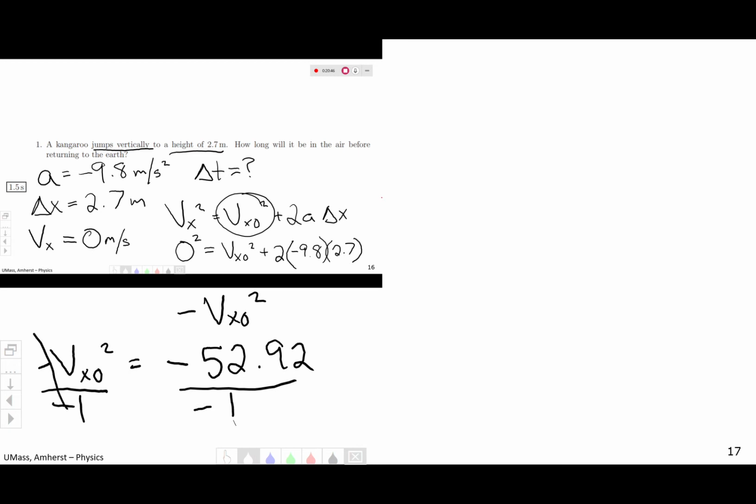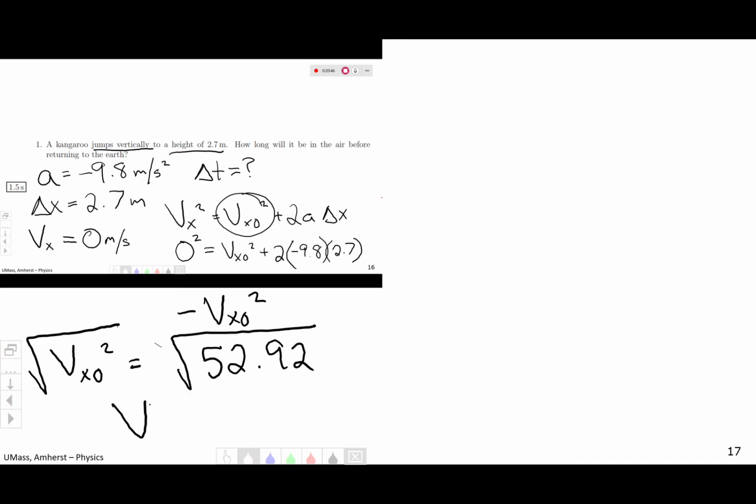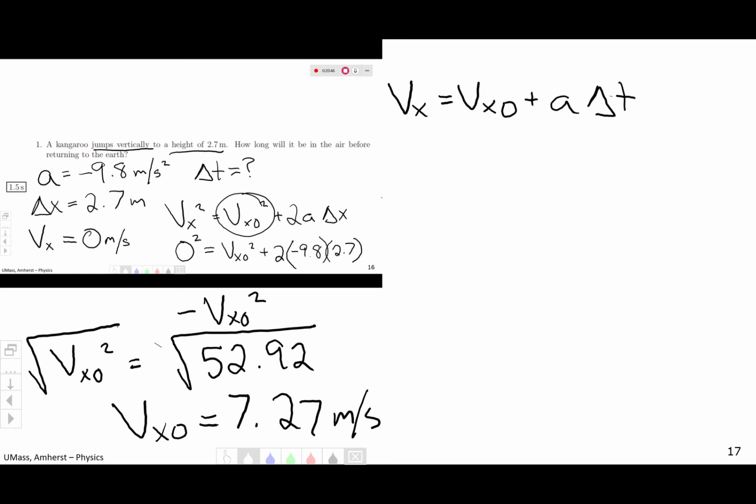And then if we divide by negative 1, we just get rid of those negative signs, and then take the square root. Vx0 is 7.27 meters per second. So with this information, we can then say, all right, I know that Vx equals Vx0 plus a delta t.